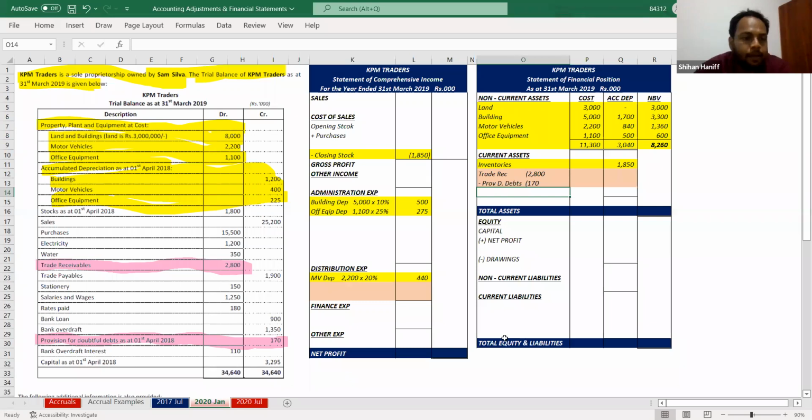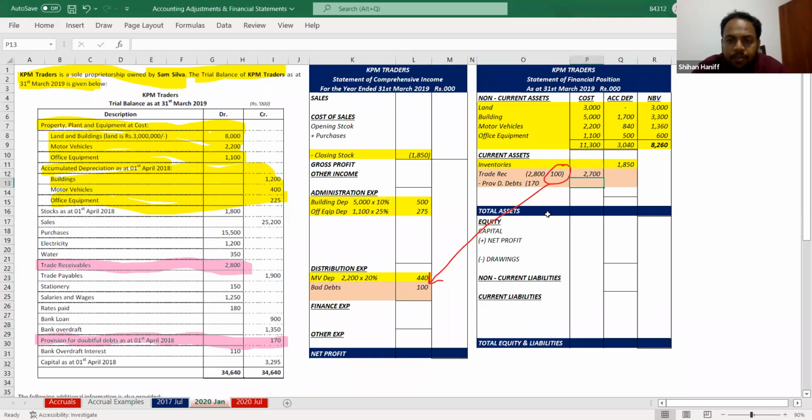Then 100,000 we need to make as bad debt, minus 100. So the double entry for that 100 is trade receivable account credit and distribution expense, bad debt 100. Here it's minus, and it is an expense. Then the remaining trade receivables is 2,700.